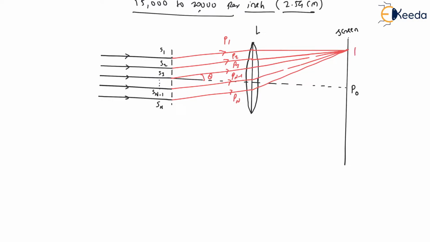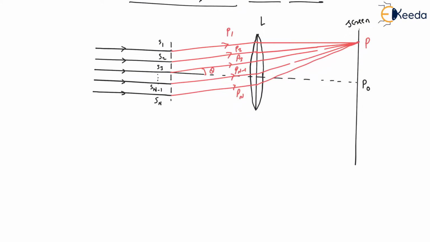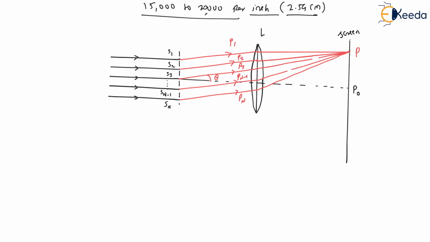So let this point be P. As in previous sessions, we have to find the resultant amplitude and the resultant intensity for this particular point P.